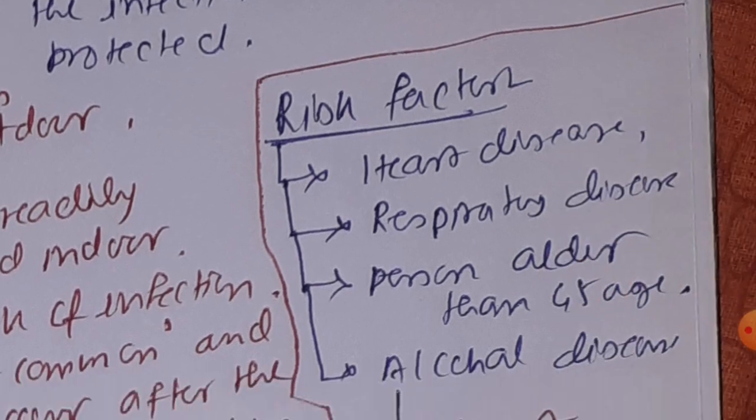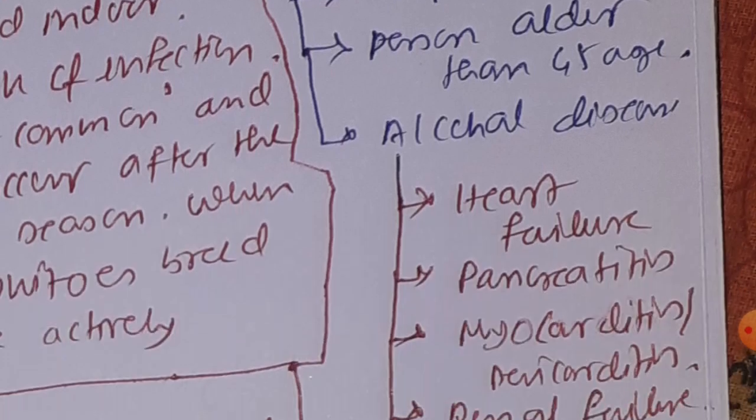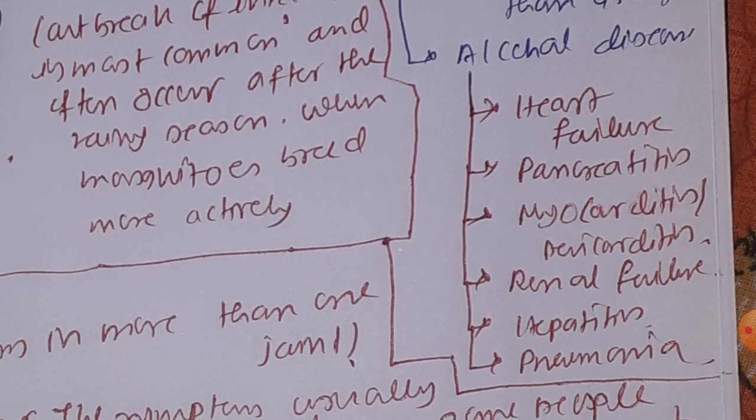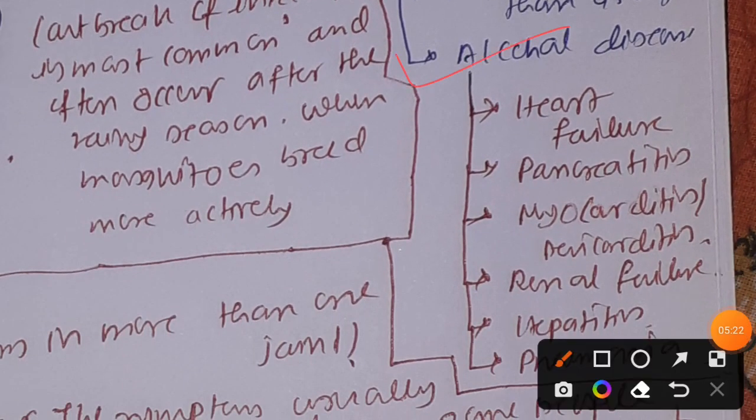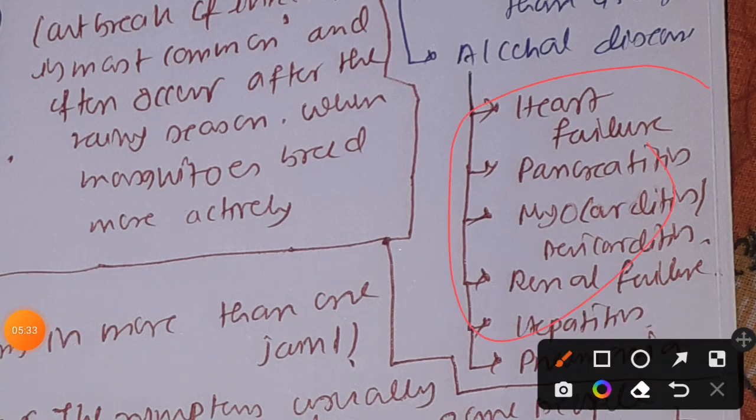So what are the risk factors? A person with heart disease, a person with respiratory disease, persons above 45 years old, and persons with alcohol disease. In such cases, he or she may develop heart failure, pancreatitis, myocarditis, pericarditis, renal failure, hepatitis, and pneumonia.